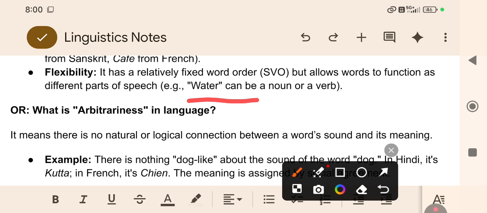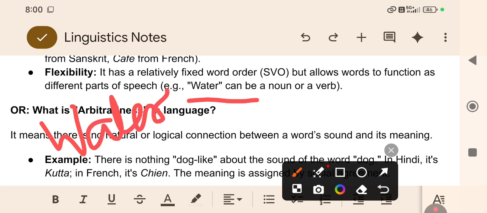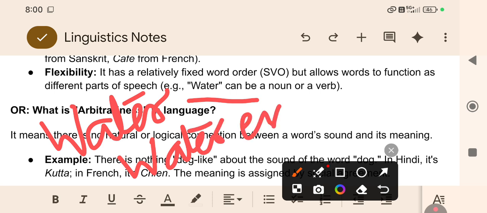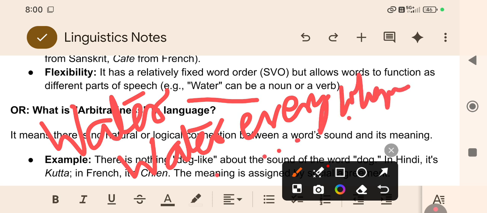Another example: if you water the plant, it grows. So that water is a verb, right? These are very good examples you can quote. First, I'm not writing the whole line of Coleridge here; you can take out "water everywhere." So here water is used as a noun.